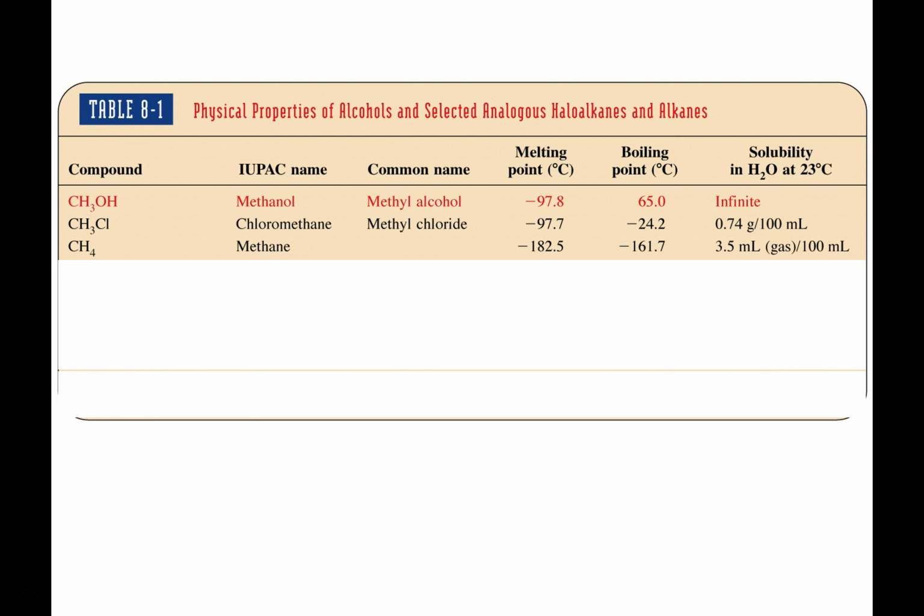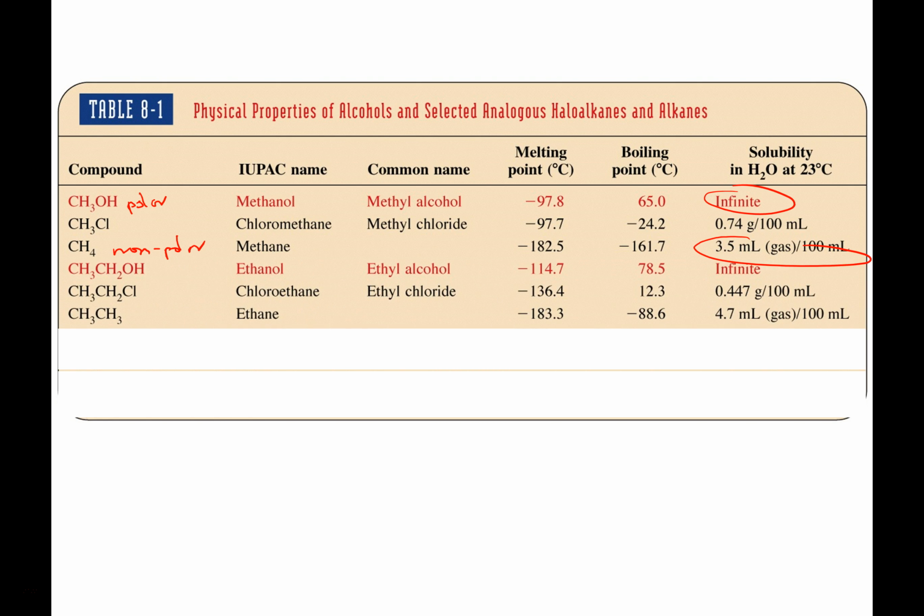Methanol. Like dissolves like. Yep. So this guy is polar, water's polar, that guy's polar. Methane is nonpolar. So it will not want to dissolve in water, but infinite solubility means that it definitely dissolves.